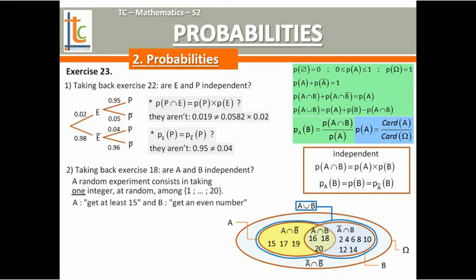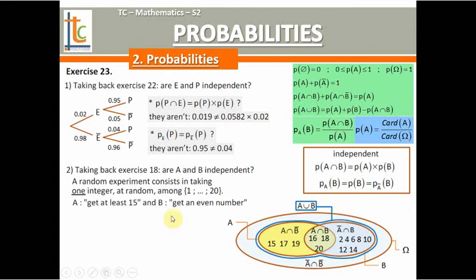Now, are A and B independent? If you take this definition, you can ask yourself whether P of B equals P of B given A. And this is a good point that the probability begins with the letter P, because you can see that a proportion is the proportion of B inside omega equal to the proportion of B inside A? This is the same question.